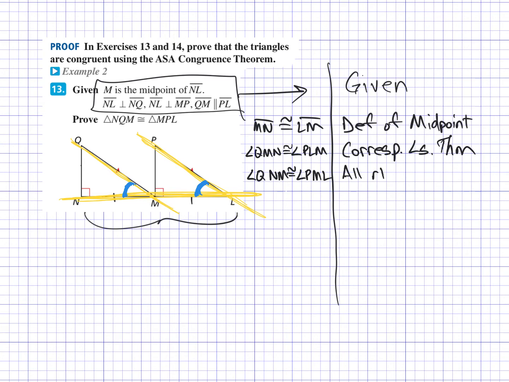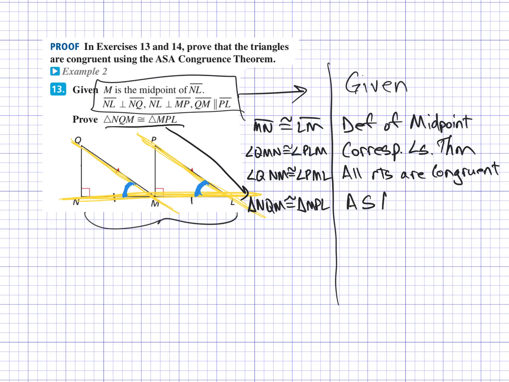All right angles are congruent. Okay, so technically speaking, we have our proof statement here. Triangle NQM is congruent to triangle MPL because of angle, side, angle. So we have the angle, we have the side, and we have the angle.